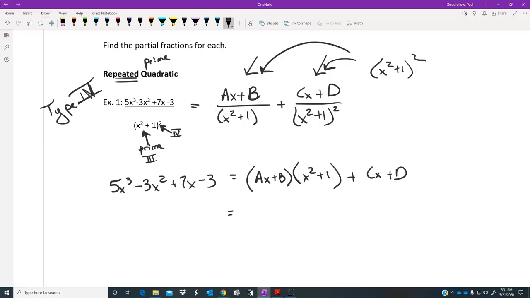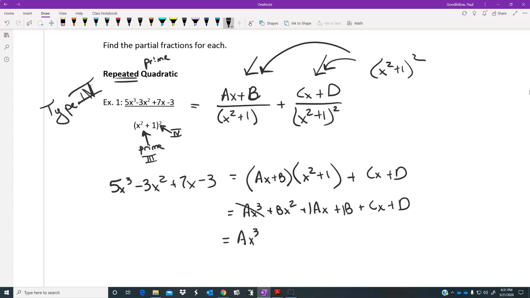Now, a little distribution. We've got ax cubed for the inside plus bx squared plus ax, 1ax will do for that one, and then plus b, or 1b, plus cx plus d. A little organization as well. We've still only got ax cubed. That takes care of him.